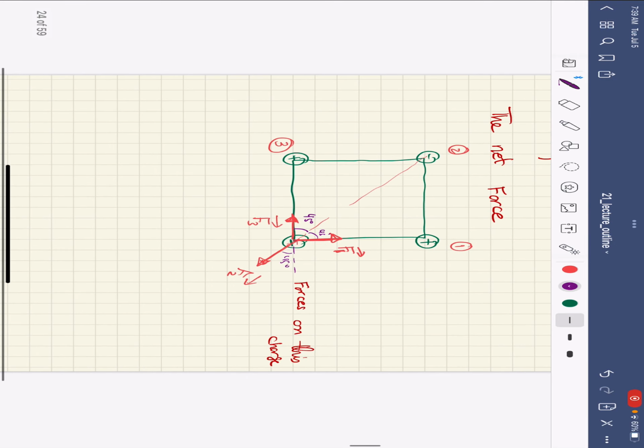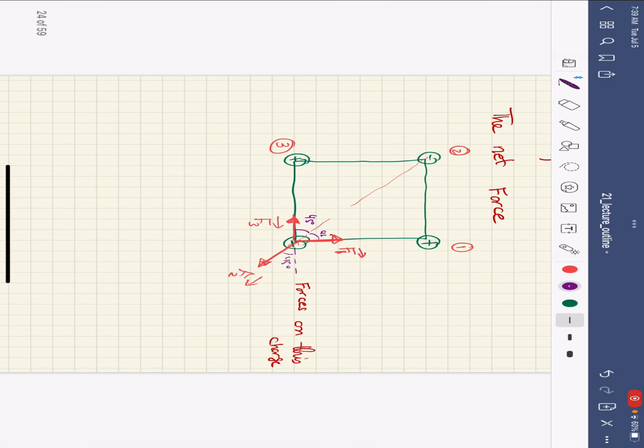And then you can work on the components, which means your Fx, the net force, is going to be sigma Fx on all the charges. And then it's going to be F1 cosine theta 1 plus F2 cosine theta 2 plus F3 cosine theta 3. Here I'm using the angle with respect to the positive axis, counterclockwise direction.